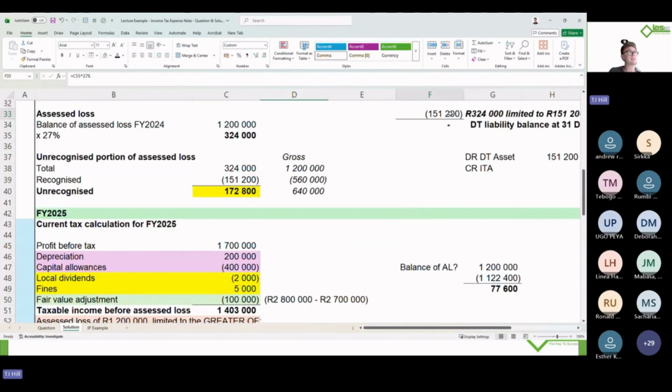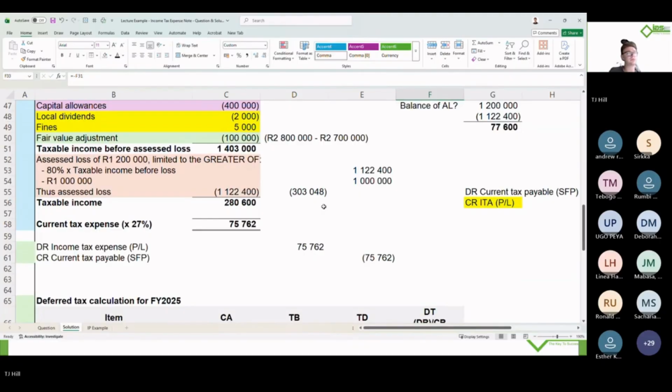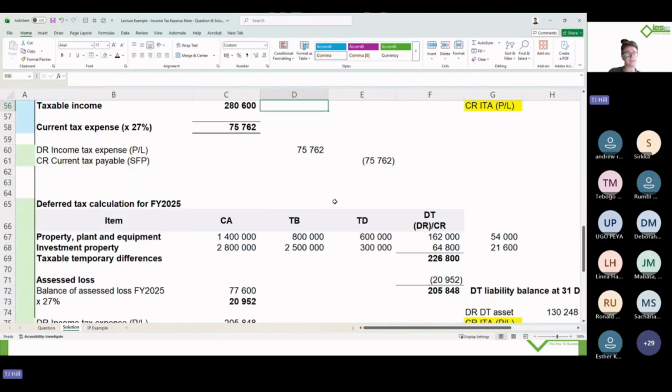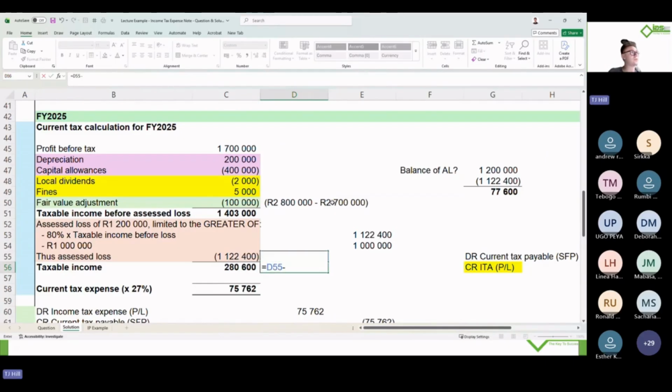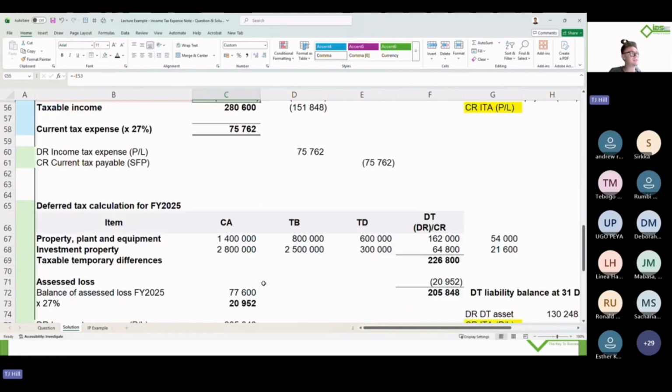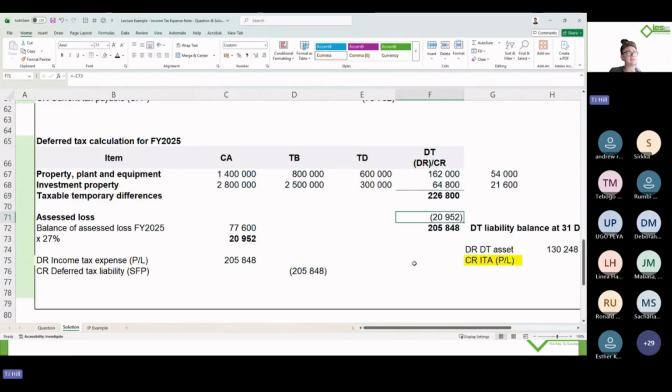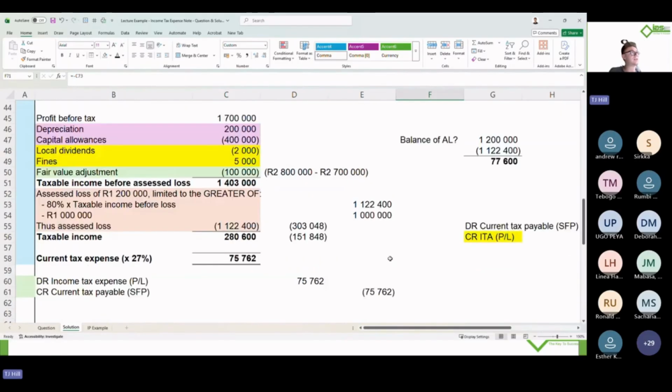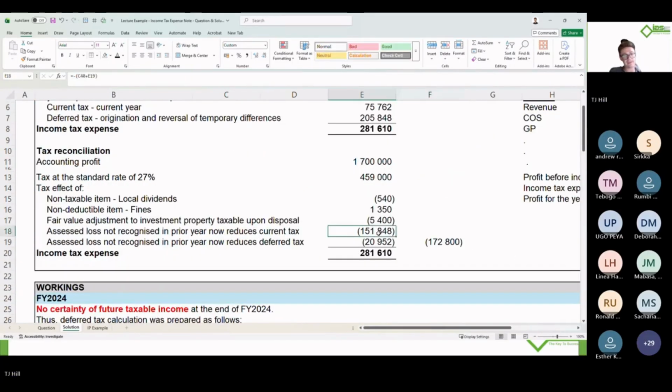Okay, so I've already recognized that portion. Okay. And that is sort of what's showing me is reducing my current tax. So it's this 172 is coming through in here for the first time into my records, and the rest of it is going to deferred tax. You see that?